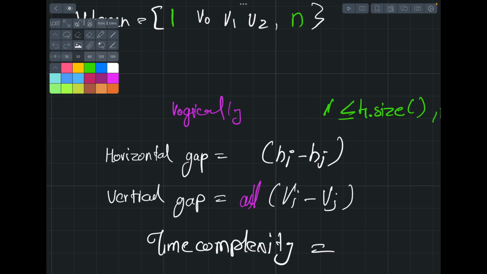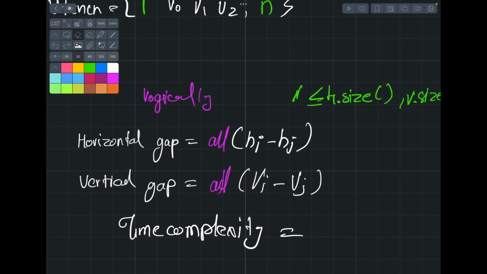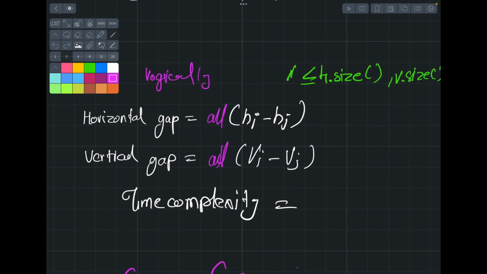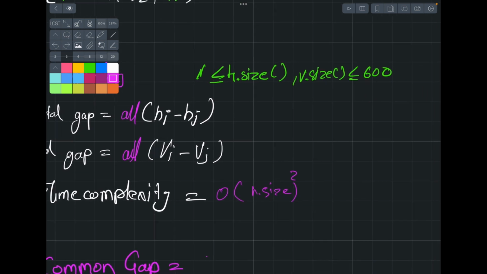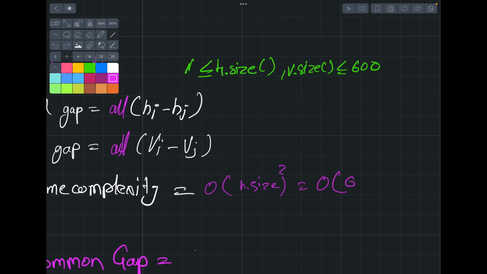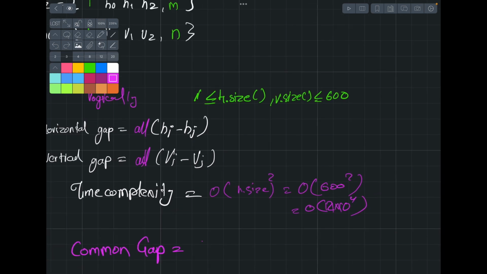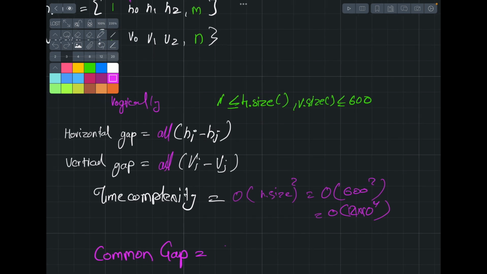The time complexity of this will be O of the size squared, which is about 600 squared, so around 10 to the power 4 versus 12 times 10 to the power 4, and that is within our time complexity. So we can run this loop.